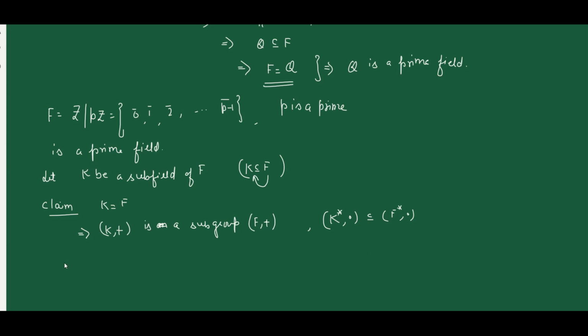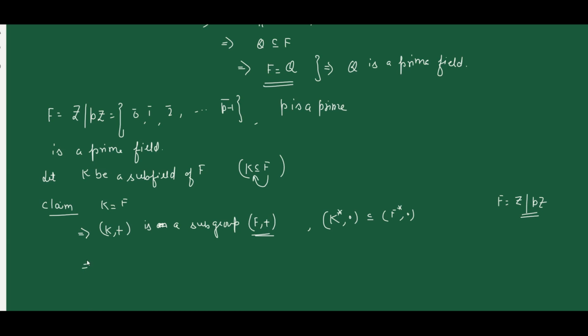But here, what is the number of elements in F under addition? What is F? F is Z by pZ. And what is the number of elements here? P elements.